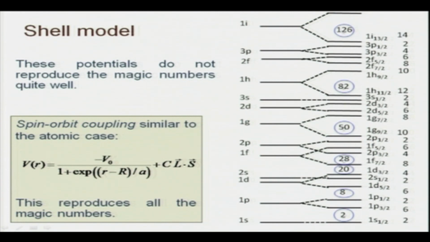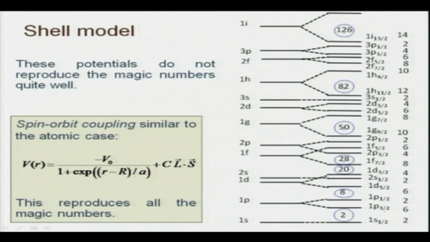We again label these energy levels, similar to the atomic case, as n l j, like 1 s half, the 1 corresponds to the principal quantum number, s corresponds to L equal to 0, the angular momentum quantum number, and half corresponds to the total angular momentum value j.